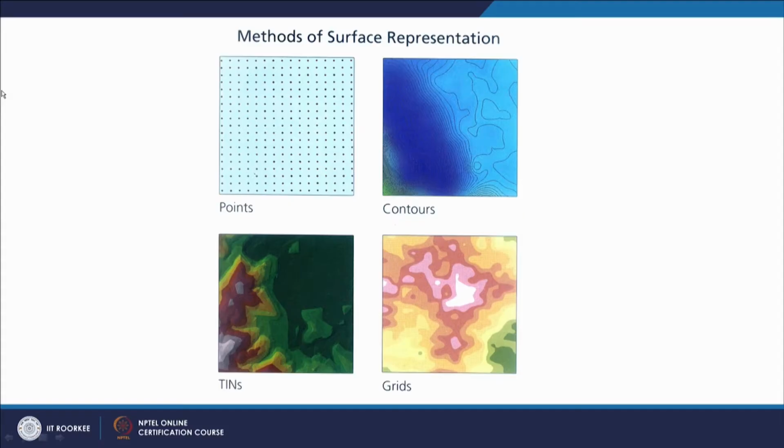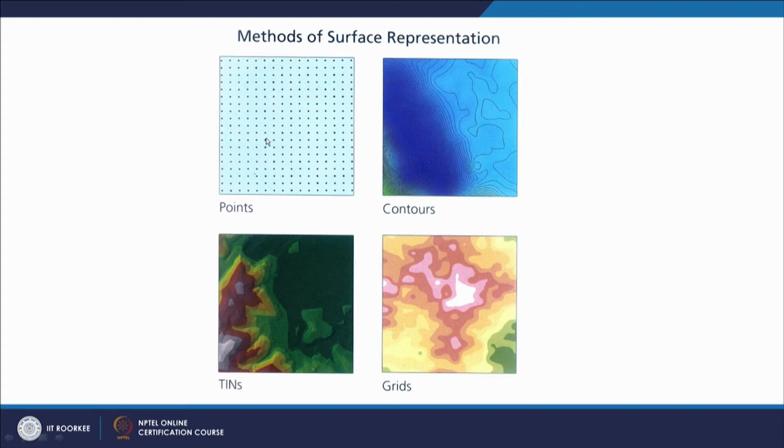This is one example here, where we have points data, though it is given at a regular interval, whereas we can create contours using point data through interpolations. Also, using the same point data, we can create a grid, that is a typical digital elevation model, or we can also create TINs.